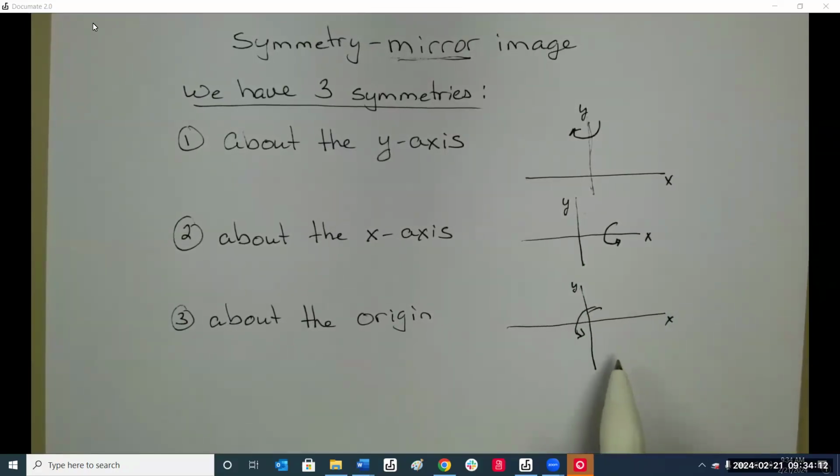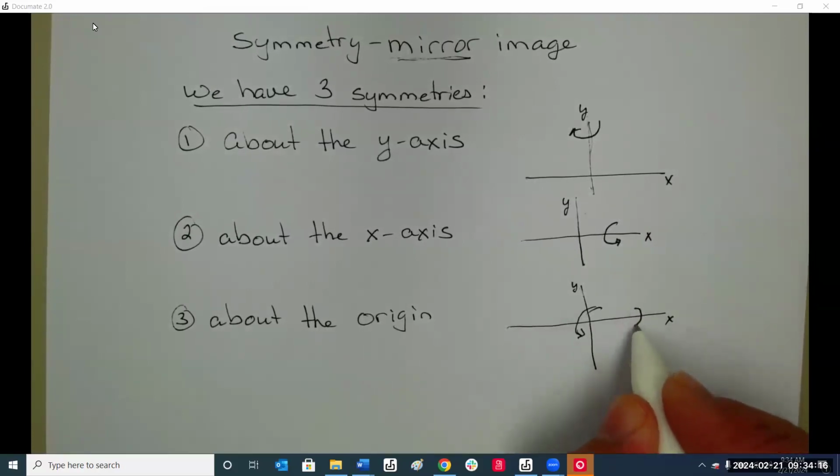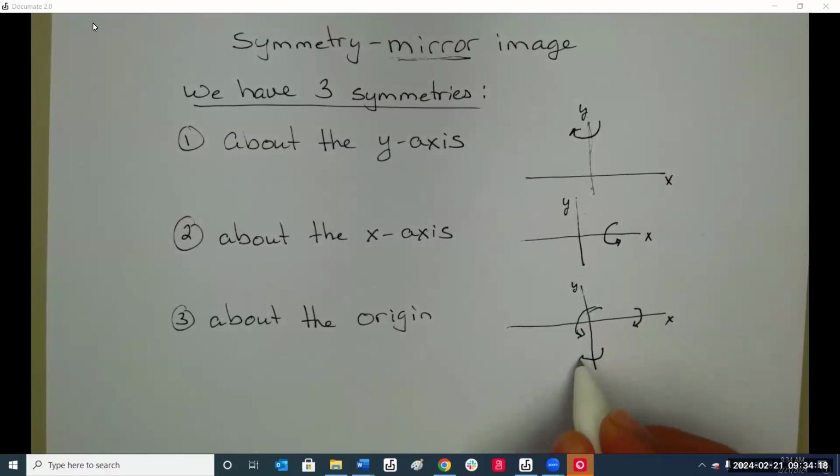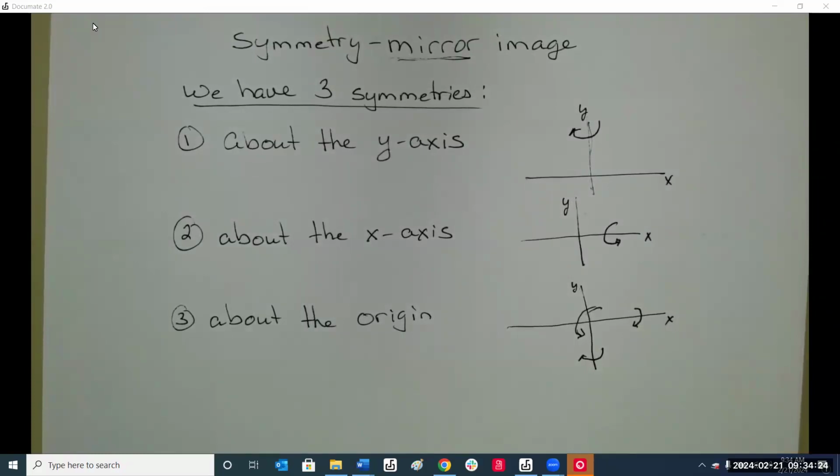But it really doesn't flip like that. If it's about the origin, that means it flips across the x-axis and then flips across the y-axis. It does them both. So how can we tell if a function is symmetric about the x-axis, y-axis, or origin?